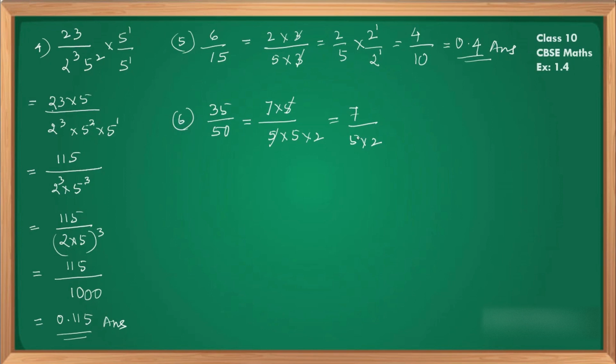Both have 1 as a power, therefore you can continue to the next step. 7 divided by 5 into 2 gives you 10. This will be equal to 0.7. We have 1 0 in the bottom, therefore take the 1 count from the right. Put the decimal before 7. This is your answer. We have completed question number 2.